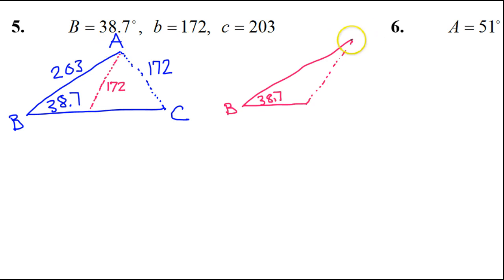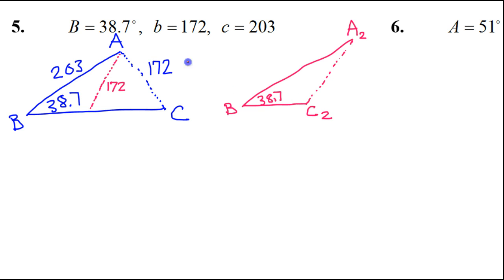Angle A is up here, but I really can't call it angle A because it's different. This was a wider angle, so I'm going to call this A2. Angle C is here, but again, this is not the same as the blue angle C, so I'm going to call it C2.